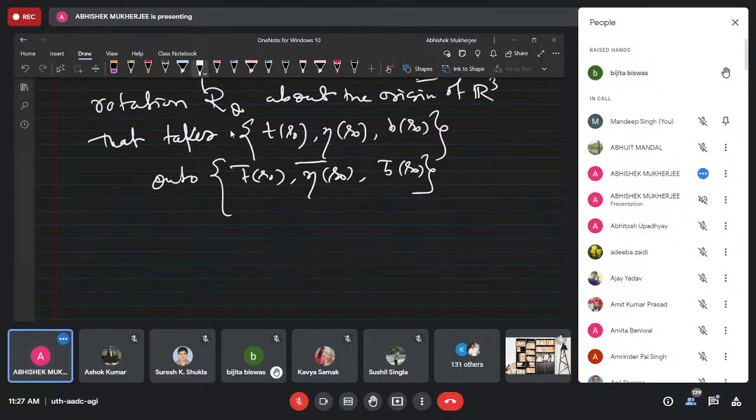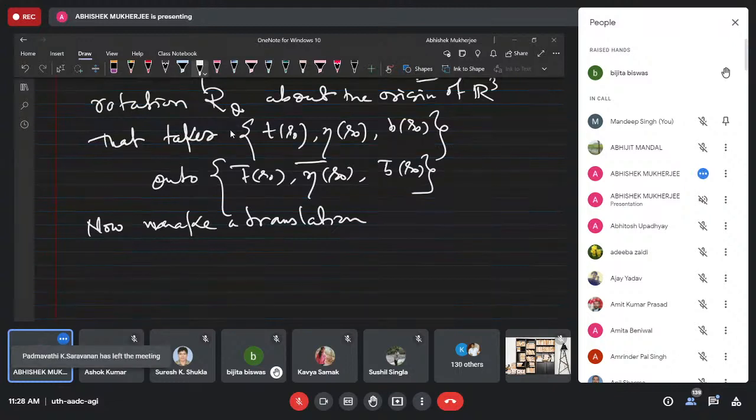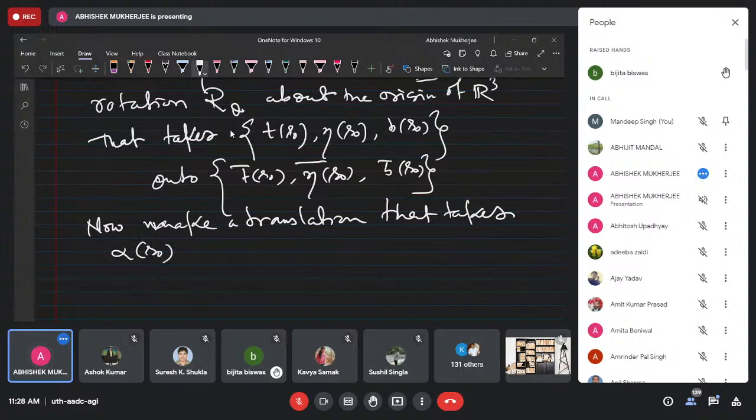Now make a translation that takes alpha bar(s naught) to alpha(s naught).